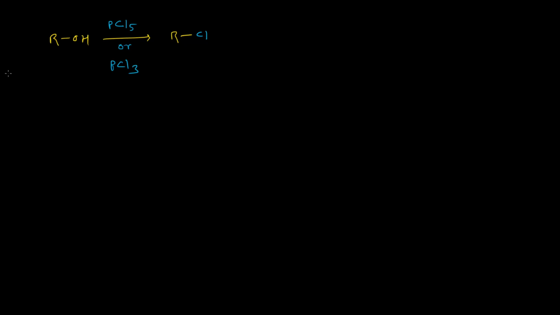And now let us consider the mechanism. So this is our second transformation of alcohols into the corresponding chloride. So what will be the mechanism in case of PCl5?